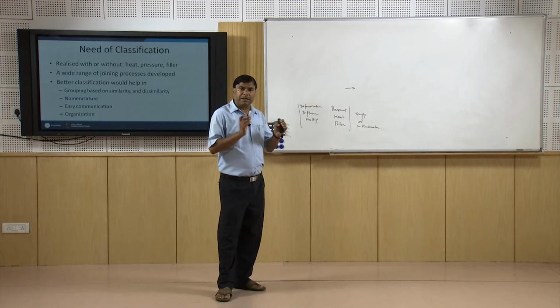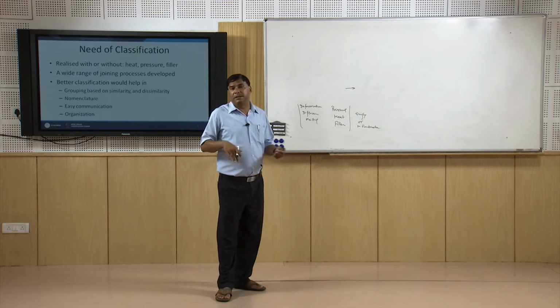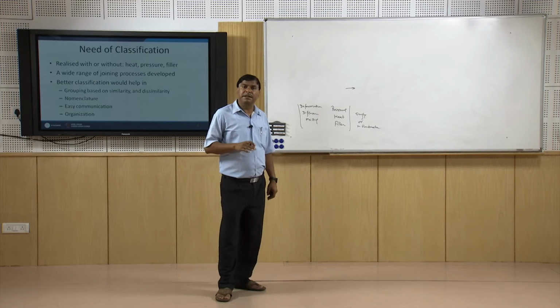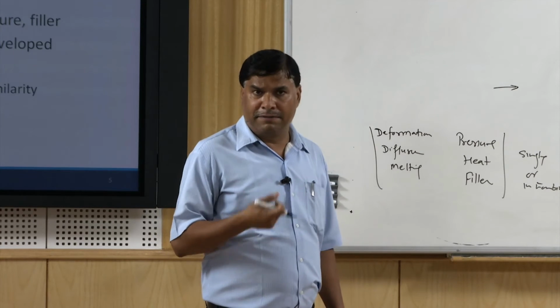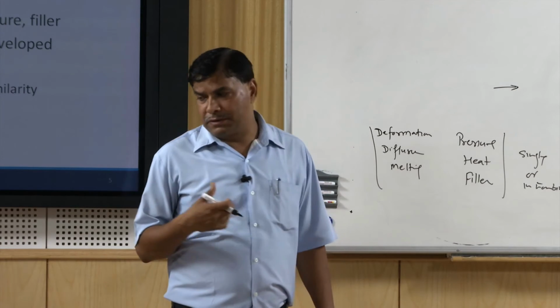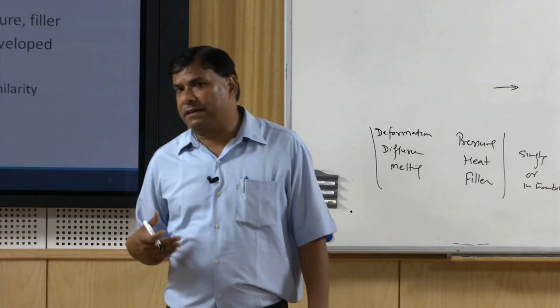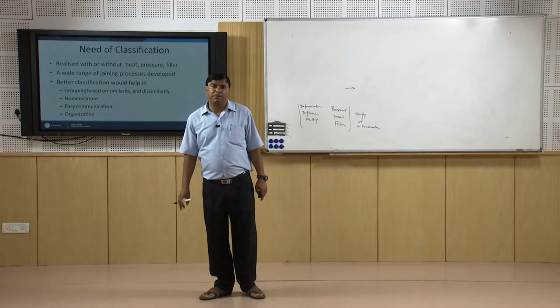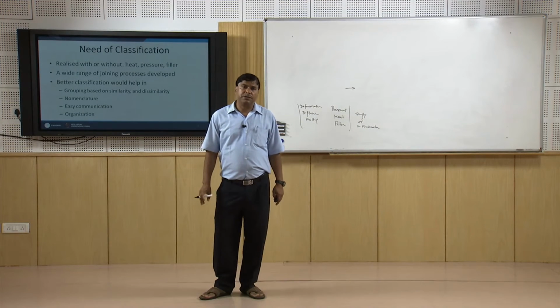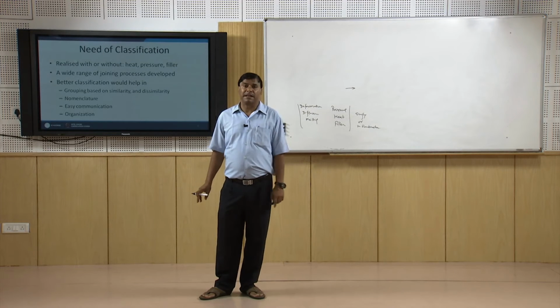If some hybrid or newer joining process has been developed, naming would be easier based on the fundamental aspects related to the joining process. So, classification also helps in effective and proper nomenclature. These are the four reasons because of which classification actually helps.